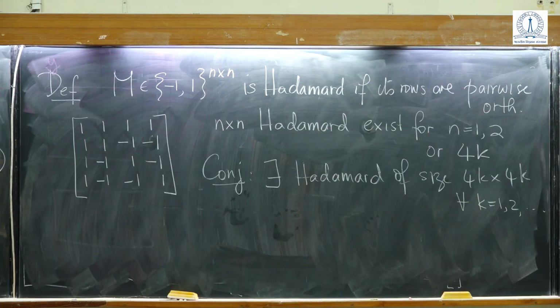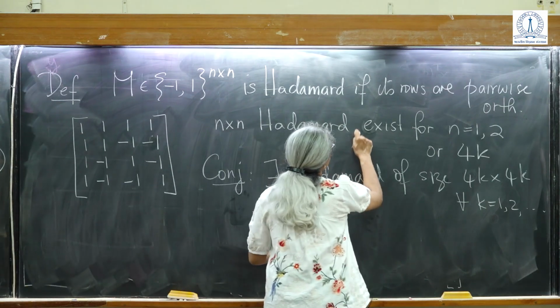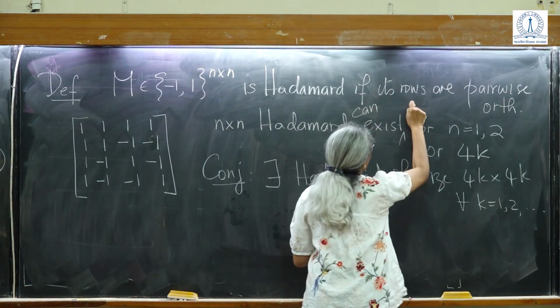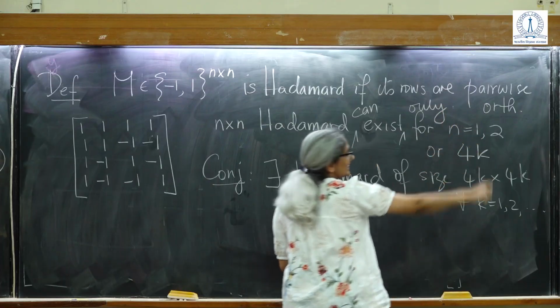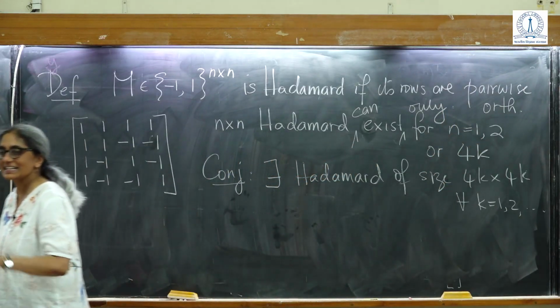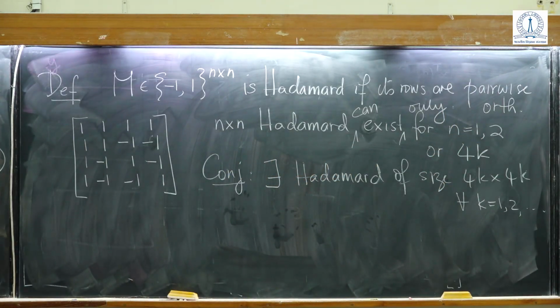The conjecture, so we know that if it exists, its size has to be divisible by 4. But we don't know if it exists for every value of 4k. So it's the opposite. Where did I go wrong? Oh, so let me say can exist. Only for. Okay, thank you. If it exists, the size has to be 1 or 2, or it has to be a multiple of 4.